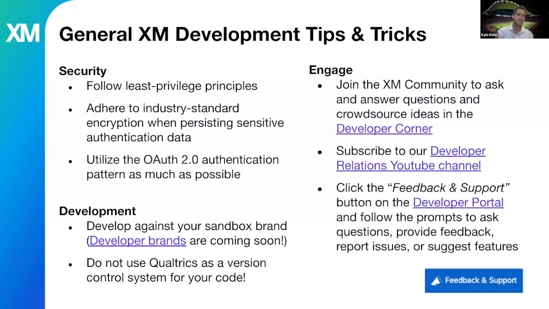And when we say XM development, that covers any way that you customize, integrate, or extend Qualtrics. So that includes our API, it includes our extension SDK. We'll cover that. Some of the other historical or legacy ways to customize Qualtrics we're trying to move into these newer and more supported ways, like the API and the extension SDK.